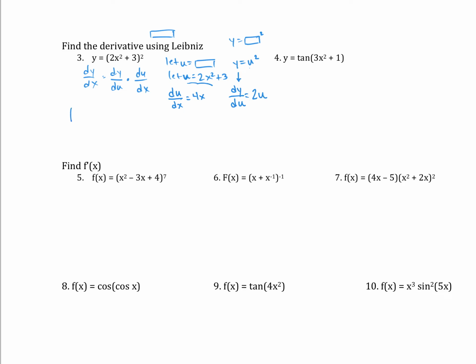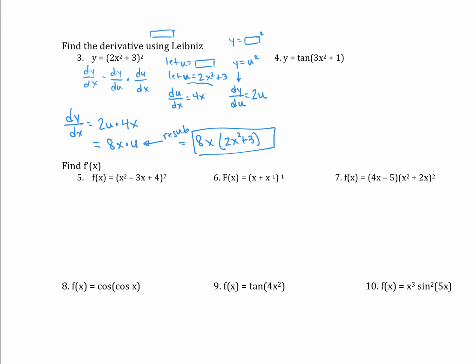And now I'm applying it as dy dx. This becomes dy du, which is 2u, times du dx, which I found to be 4x. And this gives me 8x times the u. And now I resubstitute, and I'll get 8x, and my u was this 2x squared plus 3. That's how we do it using Leibniz.